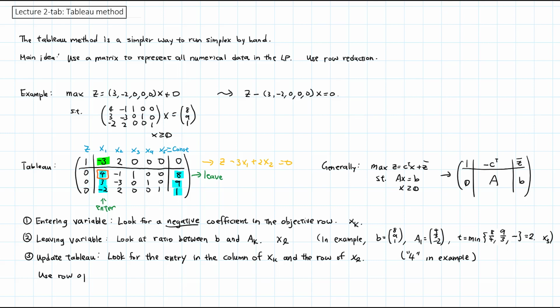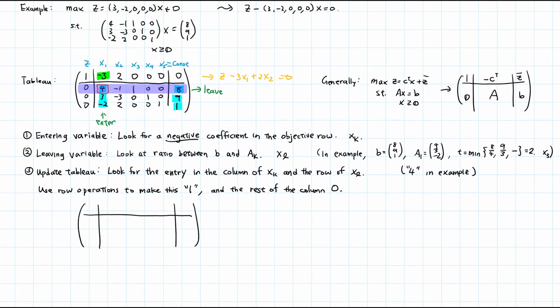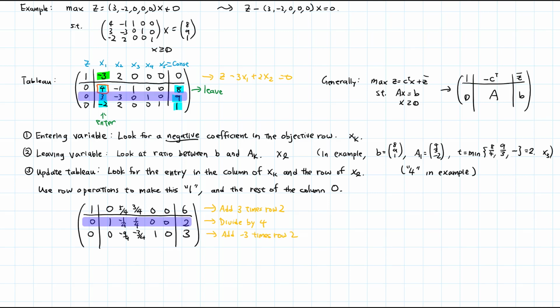We now use row operations to make this entry a 1 and the rest of the column 0. We first divide the second row by 4, and then use this new row to eliminate the other entries of that column. So we will add 3 times row 2 to the first row, add minus 3 times row 2 to the third row, and add 2 times row 2 to the last row.